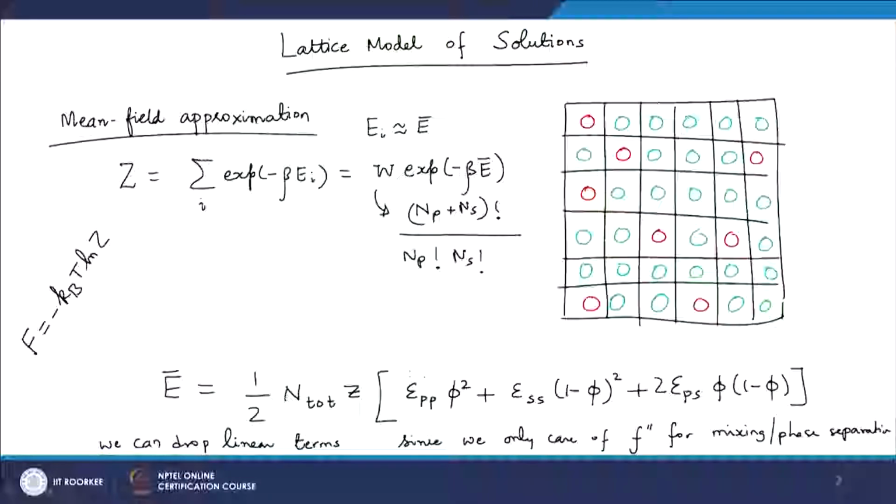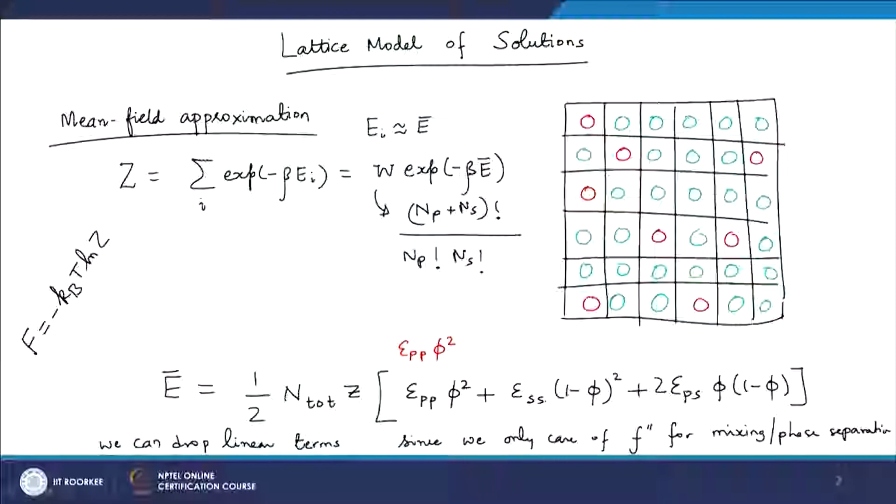So, I will collect the terms that contain second power of phi, that is epsilon_pp phi square here. So, this term we will retain. Let me write on top what will be retained.